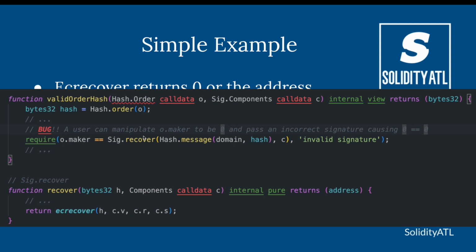You might need some time to take a look at this attack. Shout out to Dacian for pointing this out in one of his articles. But this is a very common attack that can happen when using signatures or ecrecover.